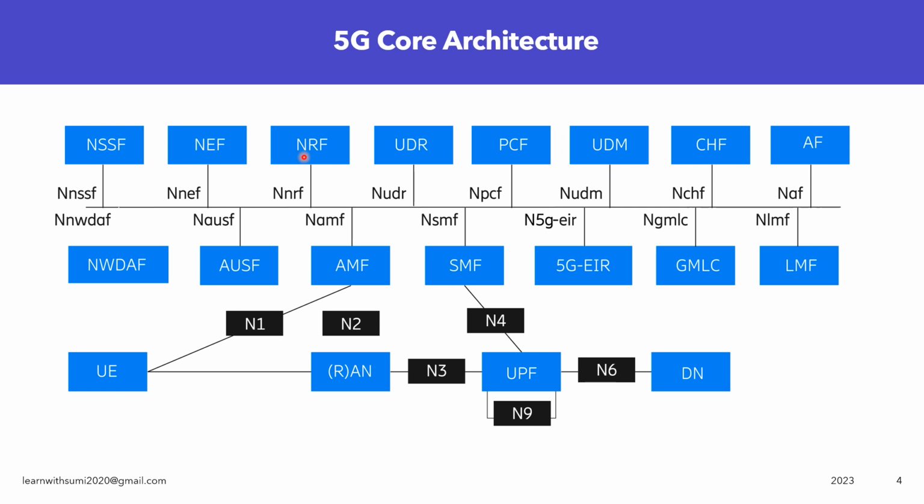Now we have the key network functions we discussed: access and mobility management function, session management function, unified data management, network slicing, and everything. We will also discuss these new components or network functions: NWDAF, 5G EIR, then we have CHF, GMLC, LMF. So we'll be discussing these plus all the other network functions in detail in upcoming sessions.